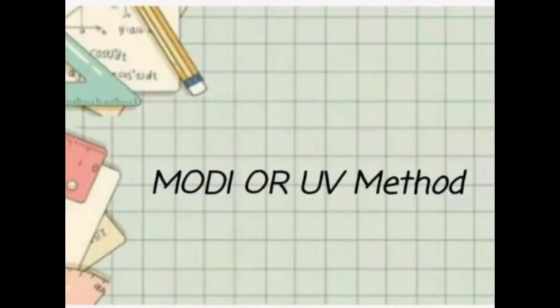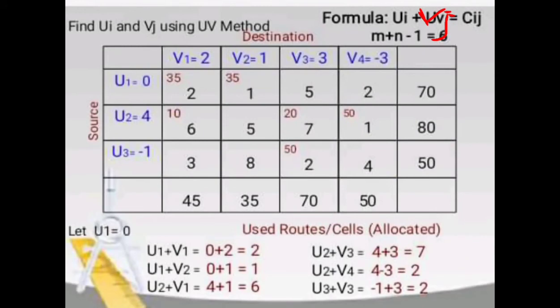Now we are in the MODI or UV method. In this method, we can check if we can reduce the total cost of shipping. I have the solution here, and I will explain how I came up with this. In finding the UV method, we have a formula: Ui plus Vj is equal to Cij.